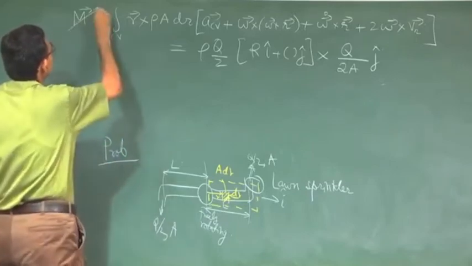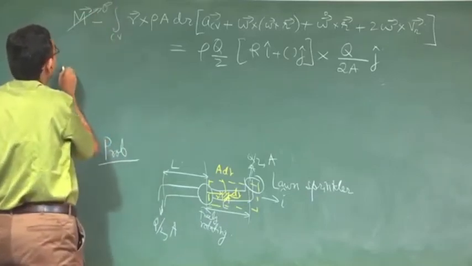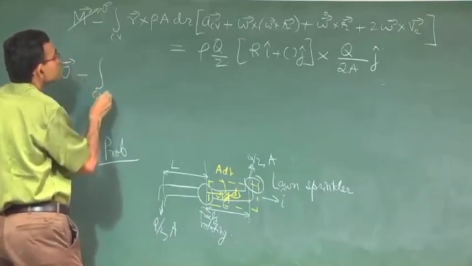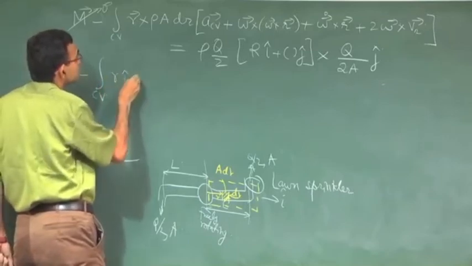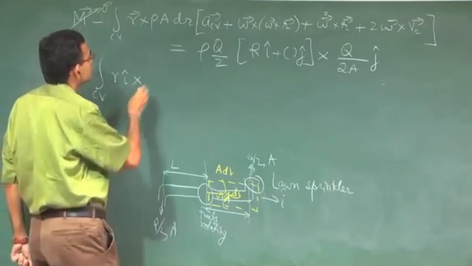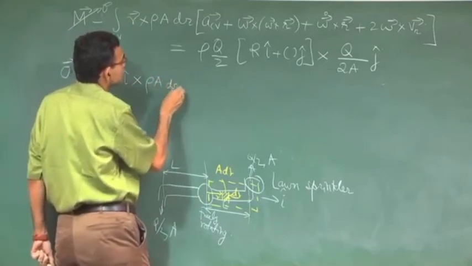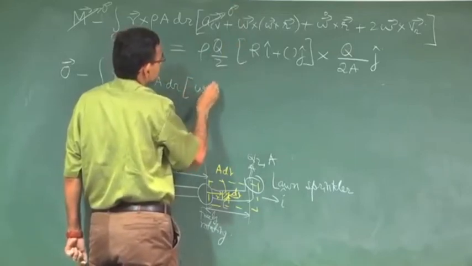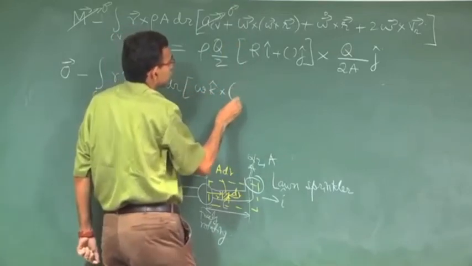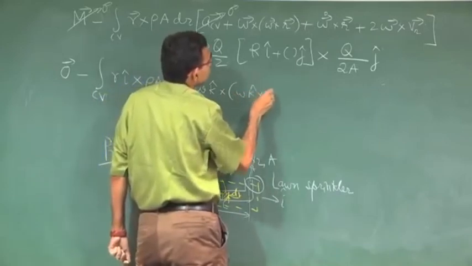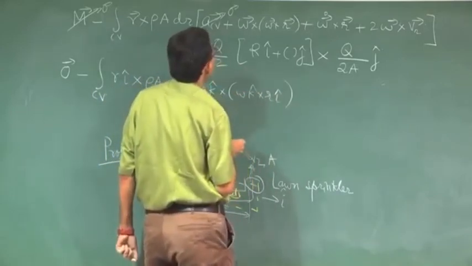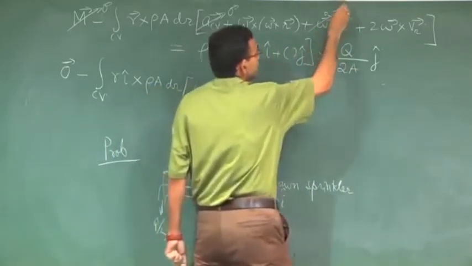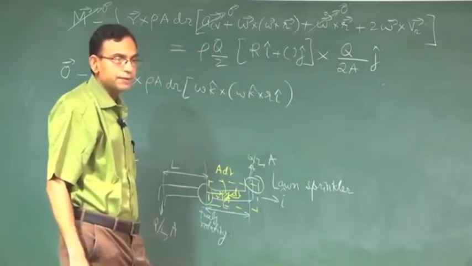So this is a null vector, so null vector minus this is null vector. This term is null, but if it is having acceleration then this term has to be kept, right.